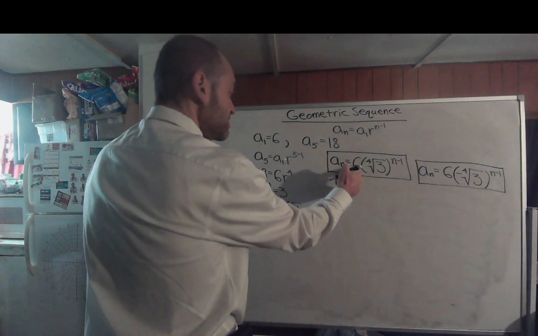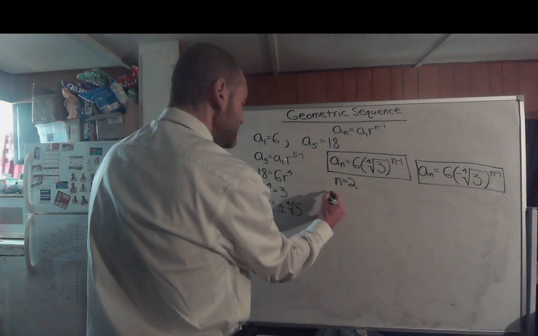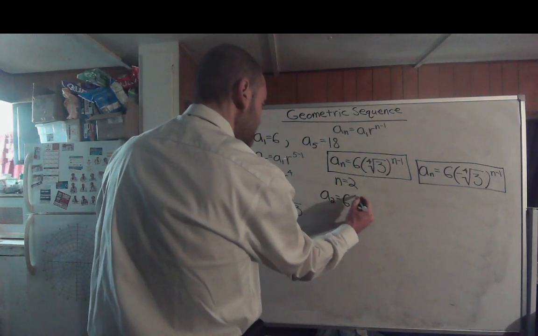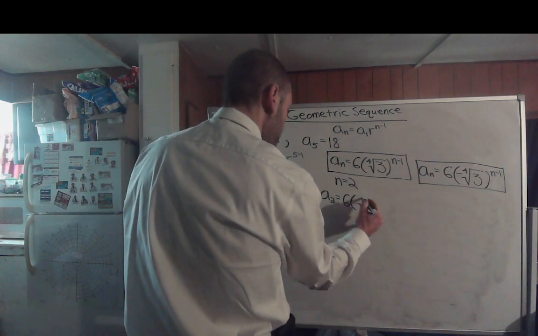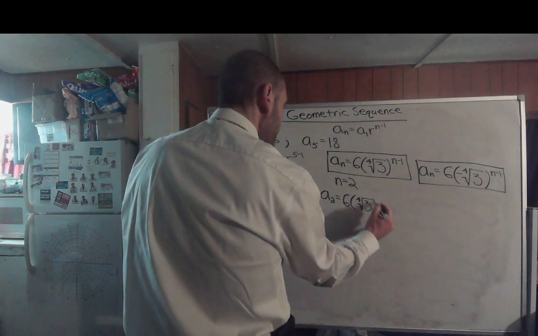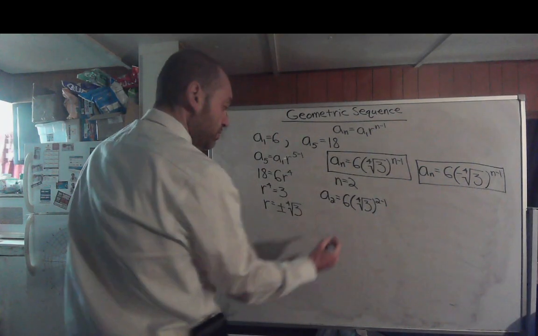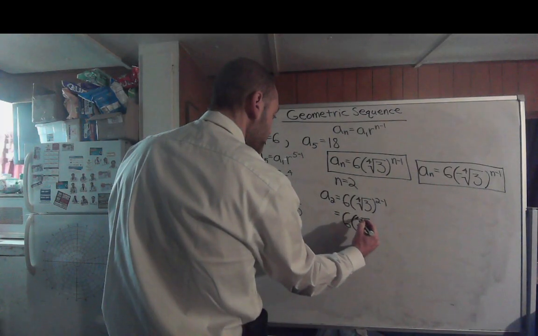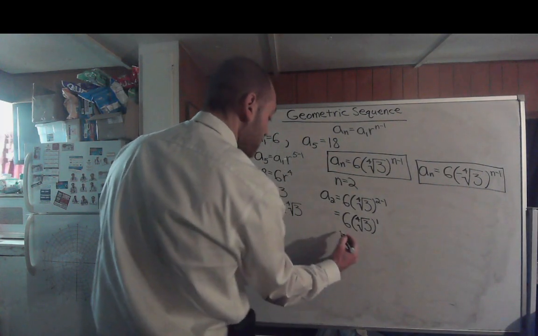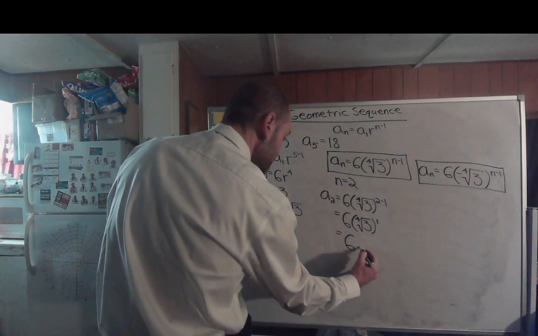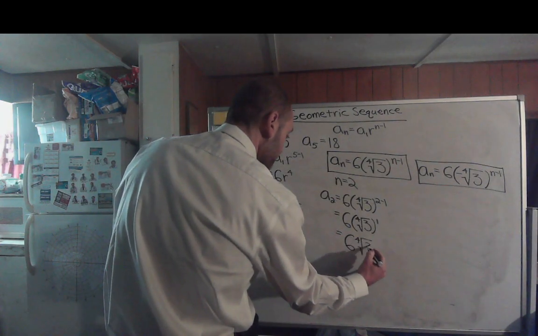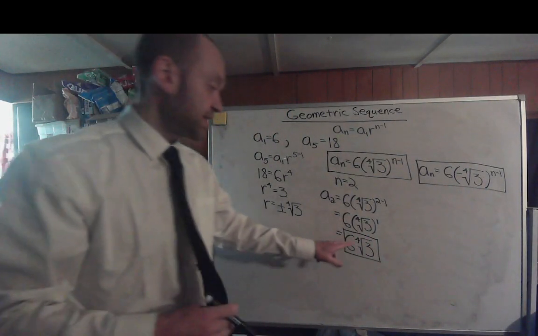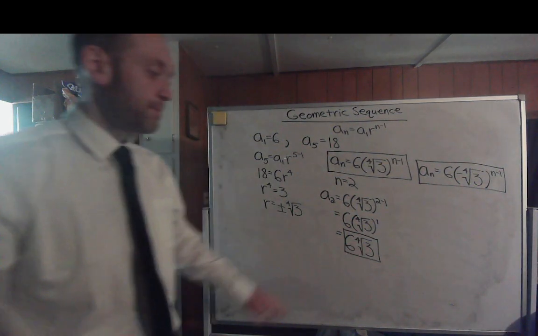If we use the positive common ratio formula, a sub 2 is going to equal my a sub 1, which is 6, times that fourth root of 3 raised to the 2 minus 1 power, which would equal 6 times that fourth root of 3 raised to the 1 power, which would just give me 6 times the fourth root of 3. So my second term has one possibility of positive 6 times the fourth root of 3.